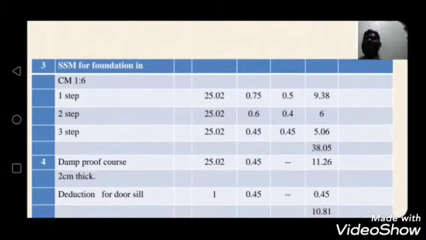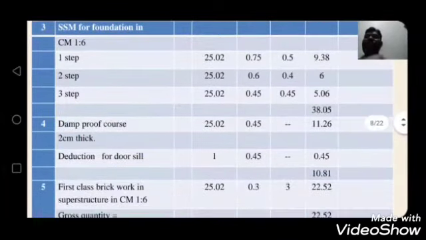Third item is SSM for foundation in CM 1:6. First step: length 25.02 into 0.75 into 0.5 is 9.38. Second step: 25.02 into 0.6 into 0.4 is equal to 6 cubic meter. Then 25.02 into 0.45 into 0.45 is equal to 5.06.